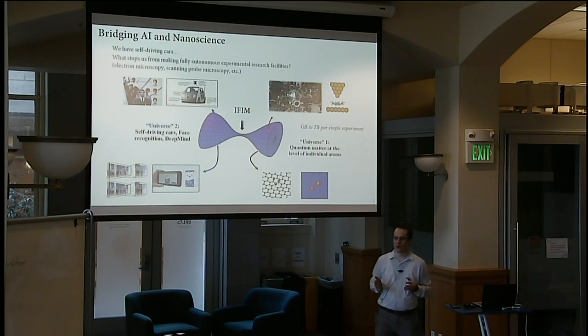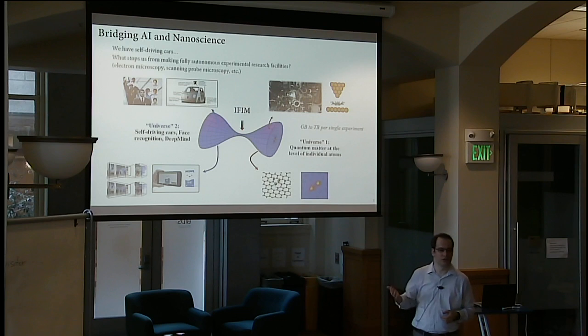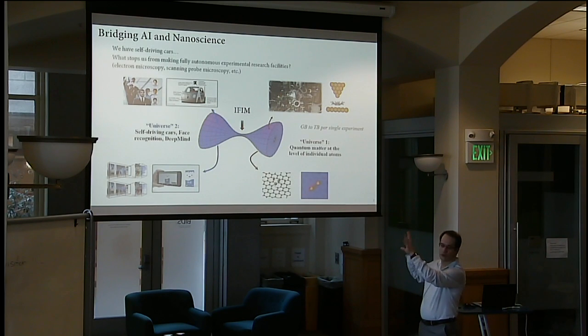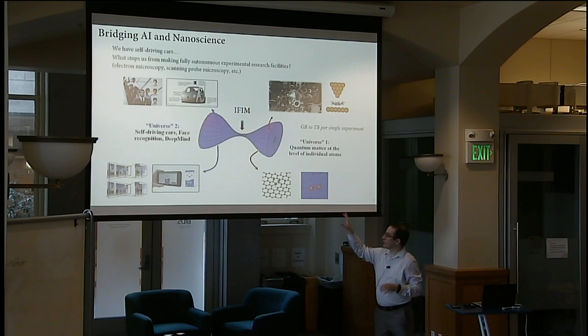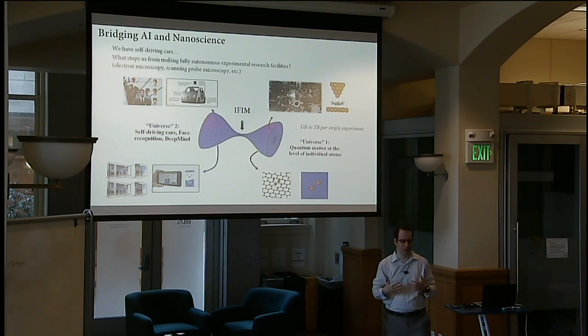All right, so when it comes to applications of advanced data analysis or AI to the field of nanoscience and nanotechnology, the way I see things right now is that we have actually two different universes. We have universe one, where we use experimental and theoretical tools to study materials at the level of individual atoms.